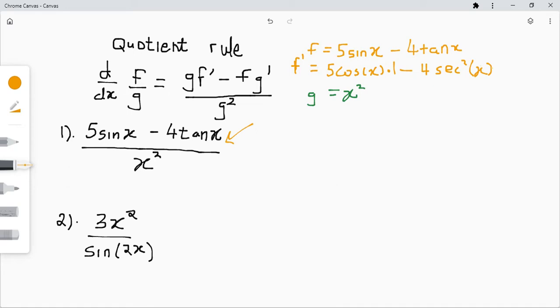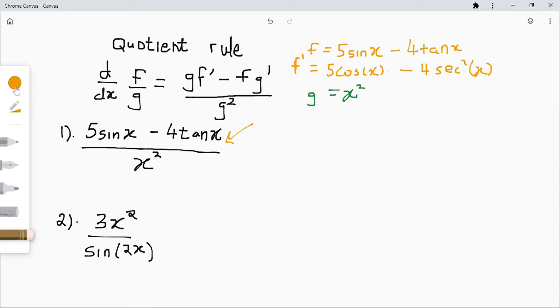The derivative of x is 1, so it's times 1. So when we multiply these, 1 times 5, we're just going to remain with 5 cos x minus 1 times 4, remain with 4 secant squared x. So that is our f prime.